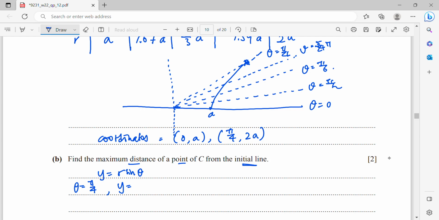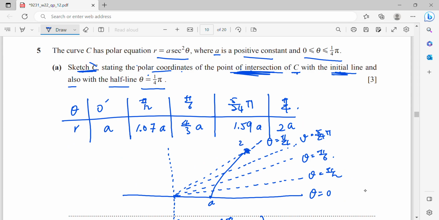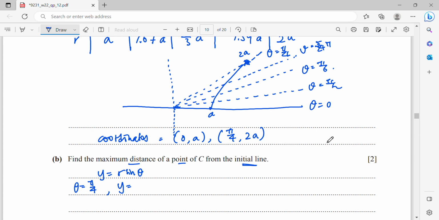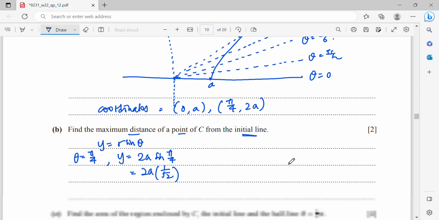Your r is basically 2a. So replace the r by 2a. So I get 2a sine pi over 4. So you'll be getting 2a times 1 over square root 2. Hence, the distance is square root 2 a. So this is the maximum distance of the curve C from the initial line.